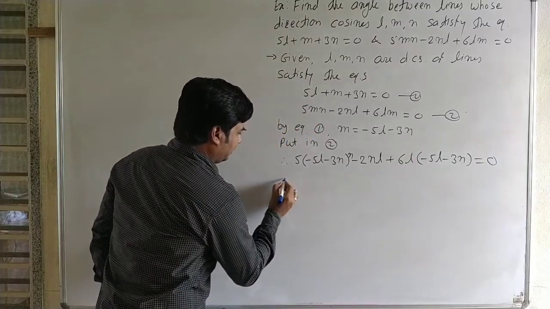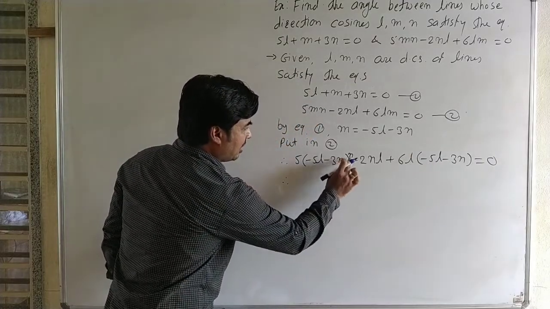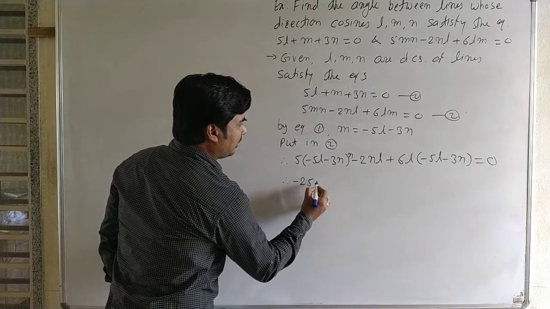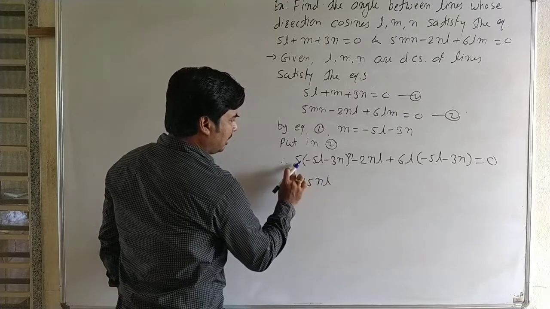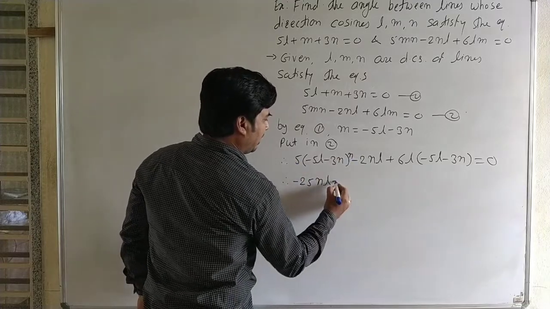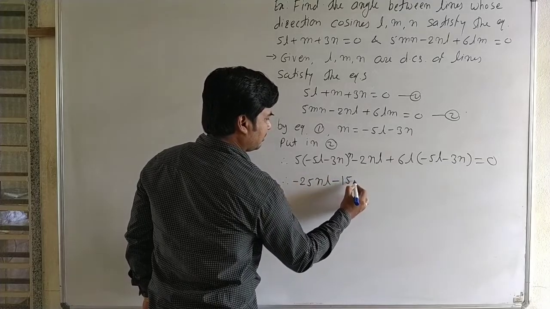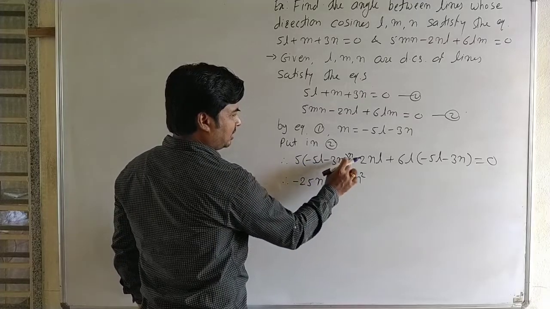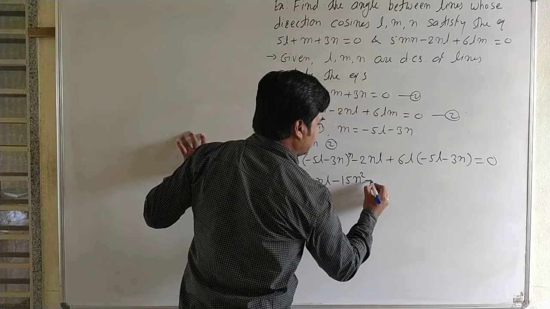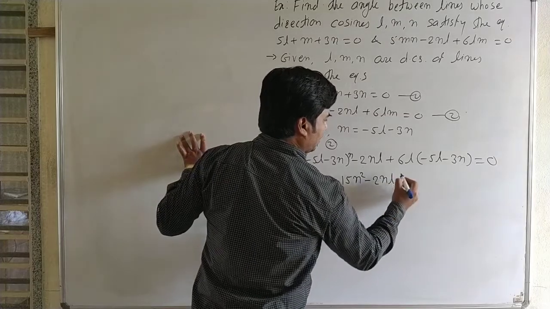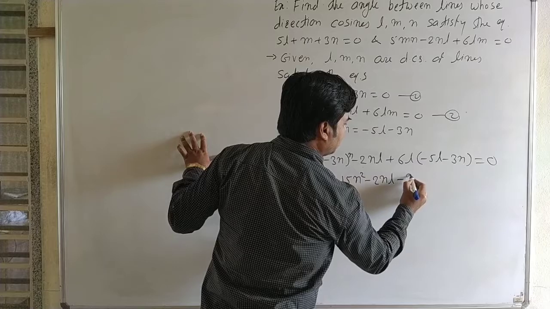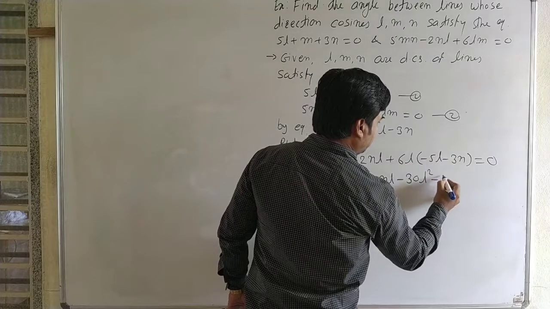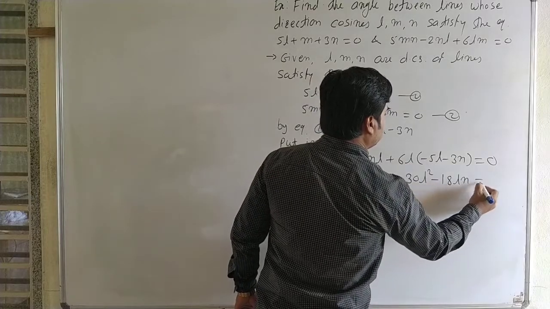Now we multiply by 5N: minus 25NL, minus 15N square, minus 2NL, minus 30L square, and then minus 18LN is equal to 0.